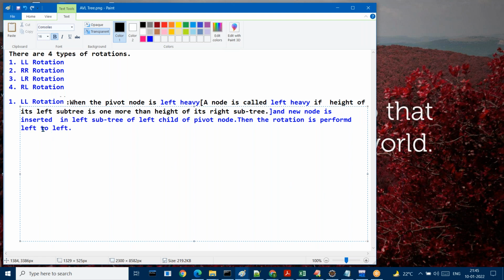Then the rotation to be performed is left to left. LL rotation, guys. LL rotation.